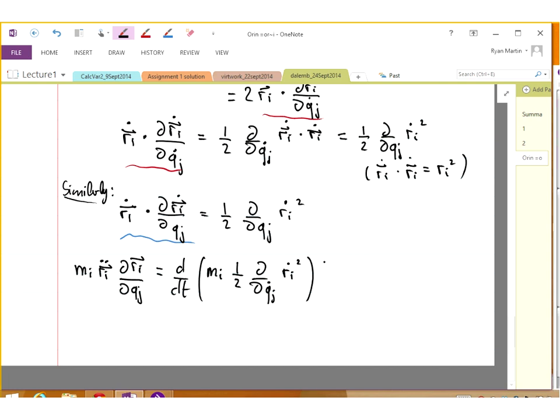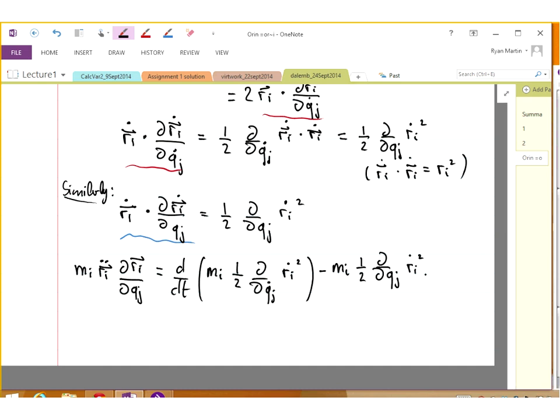All right, that's this red term. And then it's minus the blue term, and that's m_i a half ∂/∂q_j of r_i dot squared.